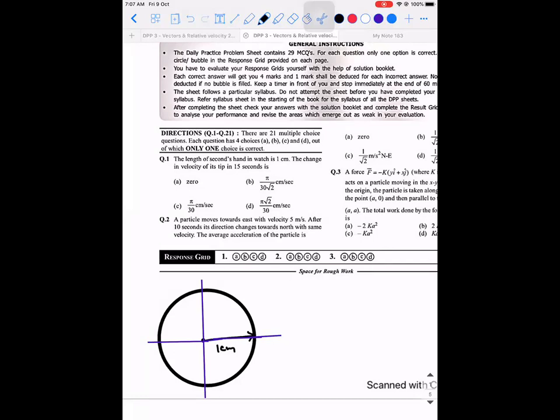So if I take the second hand to be here initially, in 15 seconds, it would have reached this point. Right? I hope you guys are able to see this. So at this point, the velocity is in the tangential direction.